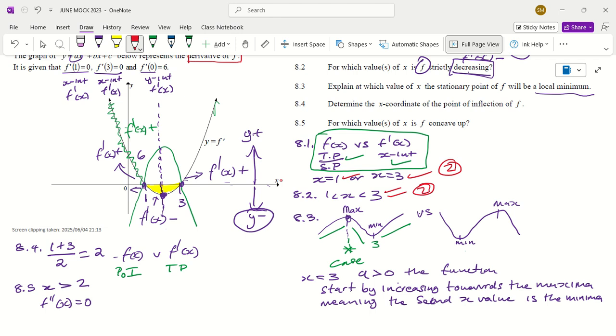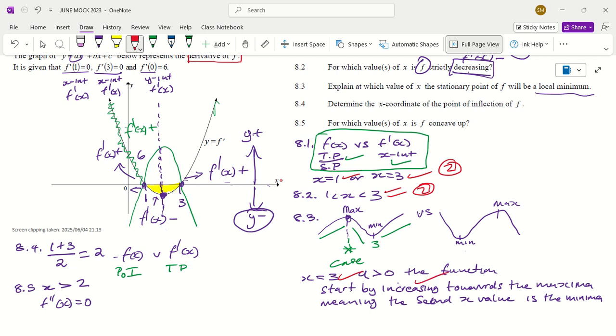8.3 is when we had to explain which values of x will the stationary point be at the minimum. So this question is 2 marks. So you get 2 marks for saying that this is x is equal to 3, and then why?